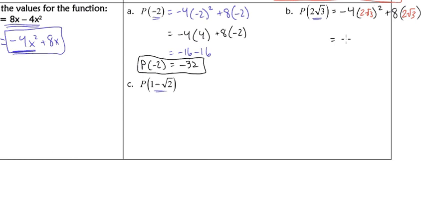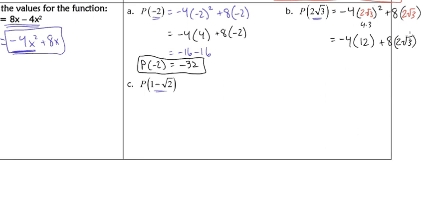All right, that gives us -4 times 2 root 3 squared. Well, 2 squared is 4, and the square root of 3 squared is 3, so really this is 4 times 3, and that's 12. So 12 plus 8 times 2 root 3. Okay, done with our exponents.